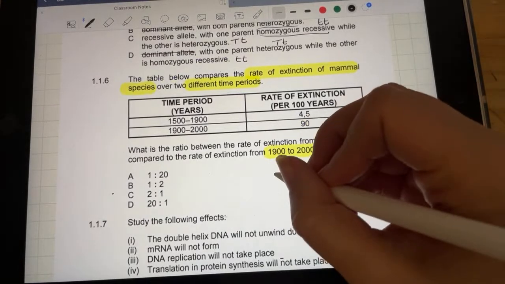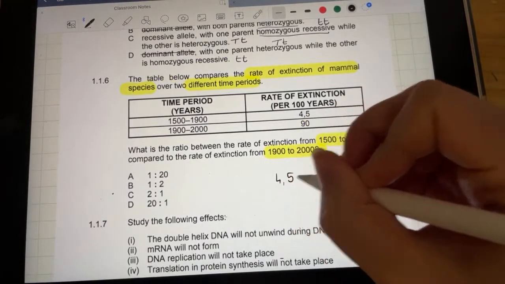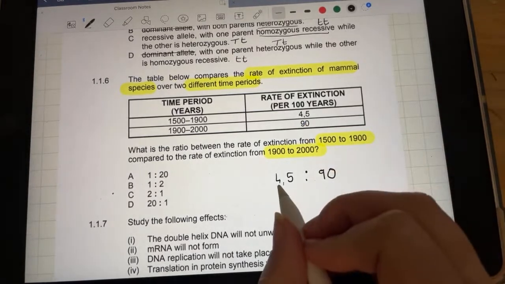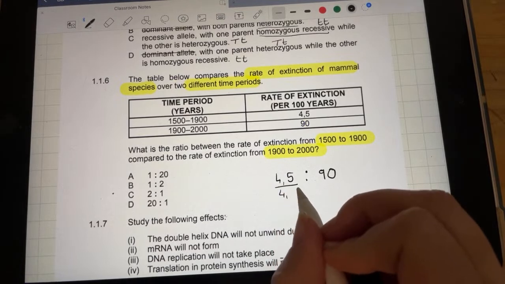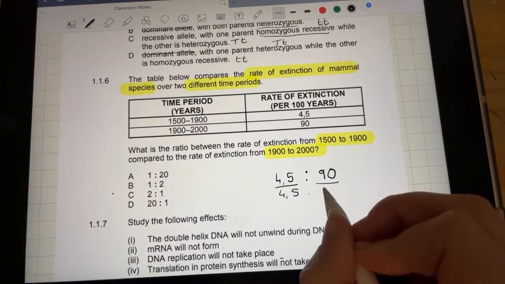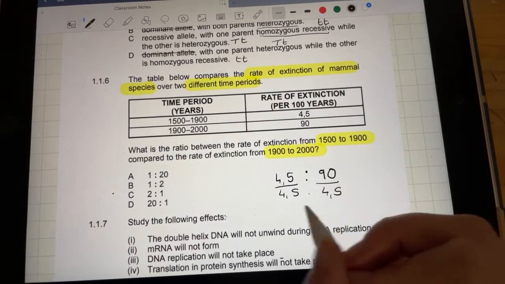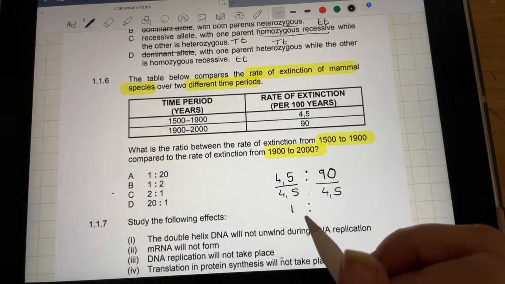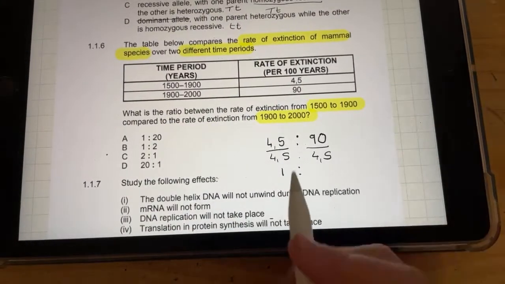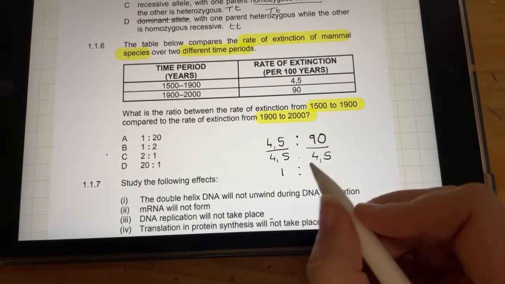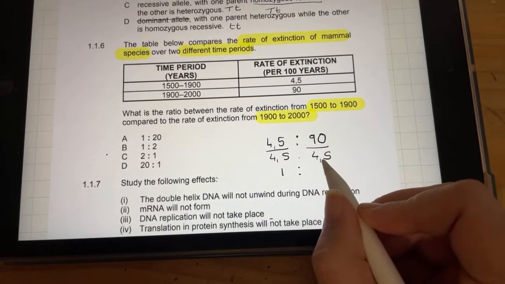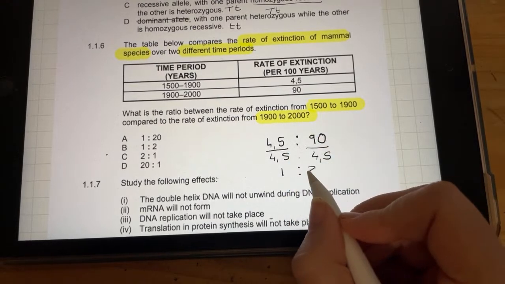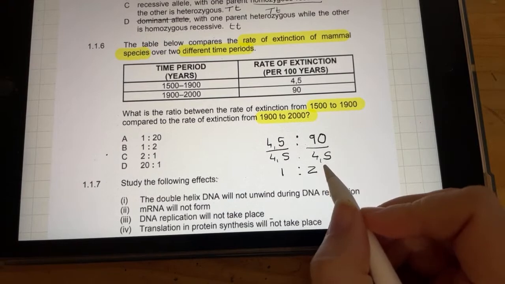But basically, you've got 4,5 is to 90. So what you're actually supposed to do is divide on either side by the same number, and you should get 1 is to, now I don't have a calculator with me, so I haven't planned this out very well, but I'm pretty sure it is to 2, or it might be more, because 4,5 into 90 should be to 2, and that's actually just how you work it out.